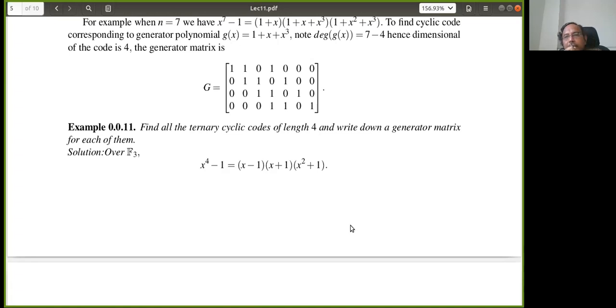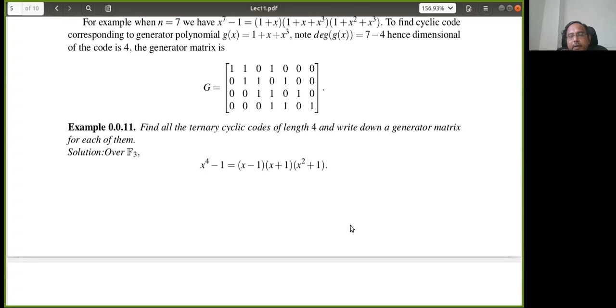Any one of you? Why is x square plus 1 not further divided in F3? Remember, I'm in F3. Somebody help me. Not Aditi, not Shruti, not Pranati, not Karnika, not Vaishnavi. Anybody else? Not Vikram.